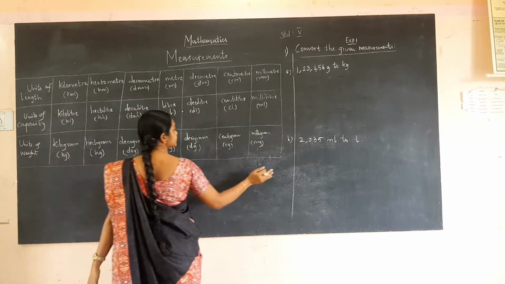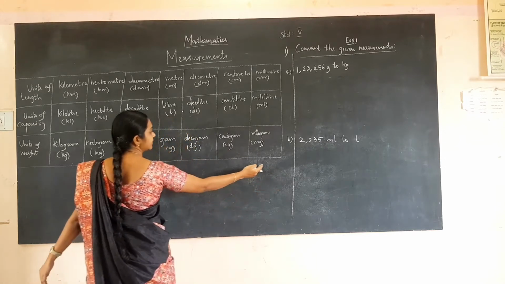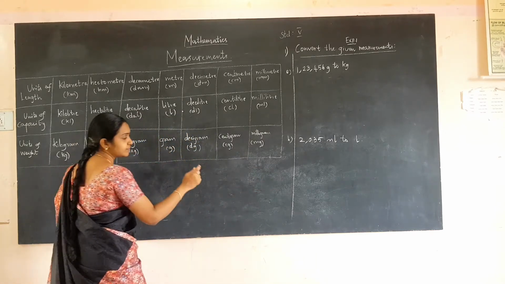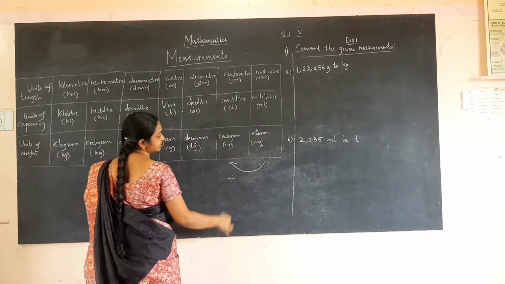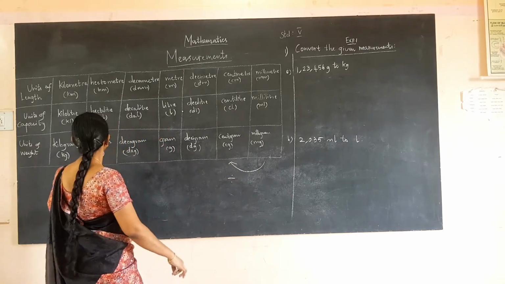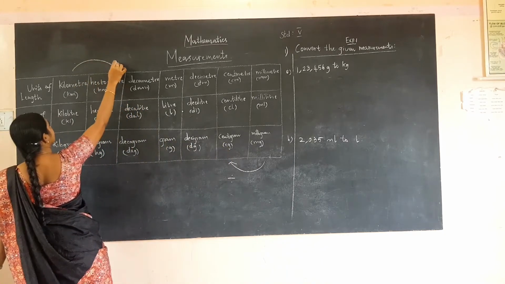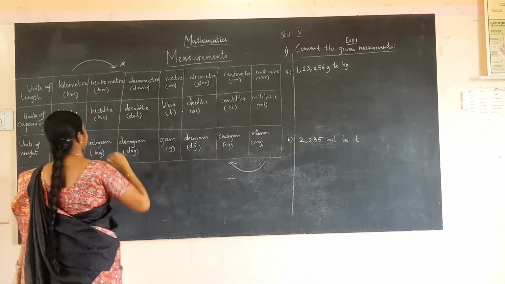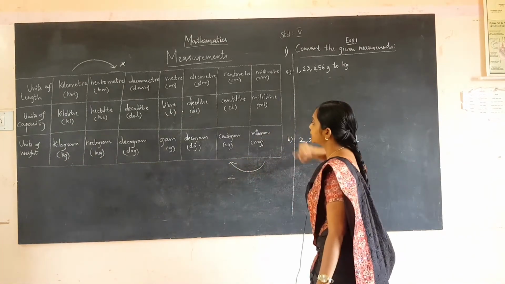The measurements to the right are smaller. While moving from right to left, we have to divide, and while moving from left to right, we have to multiply.